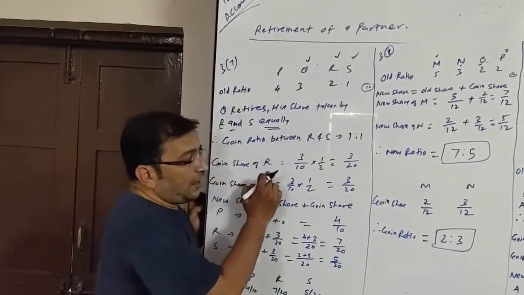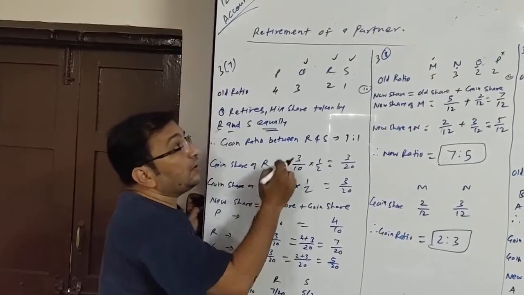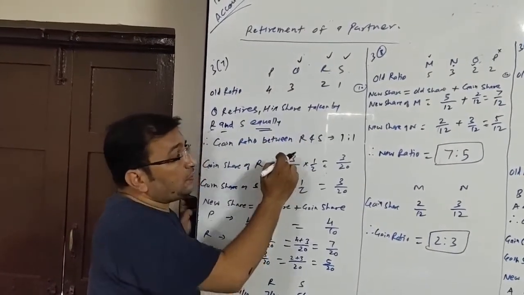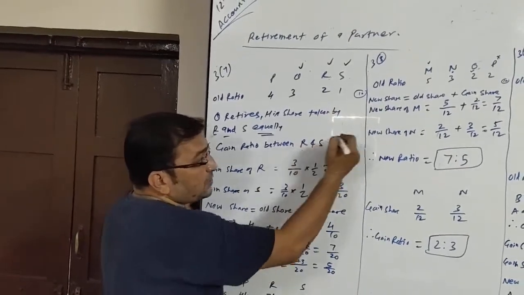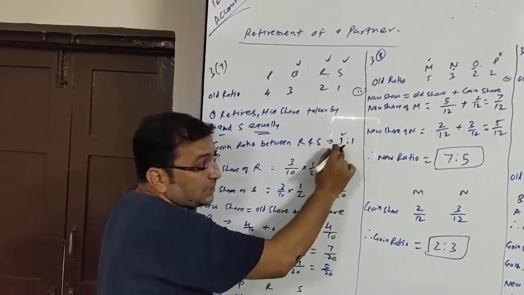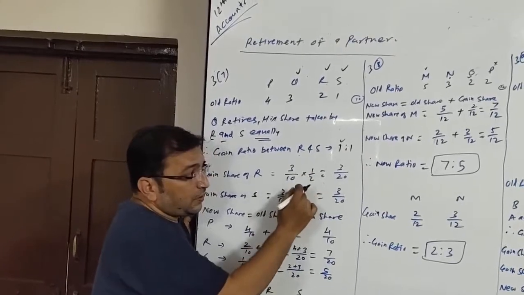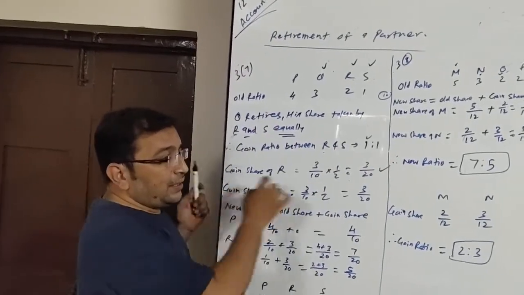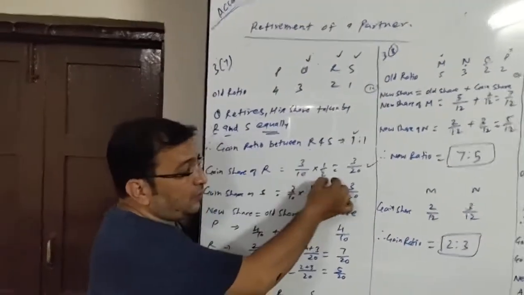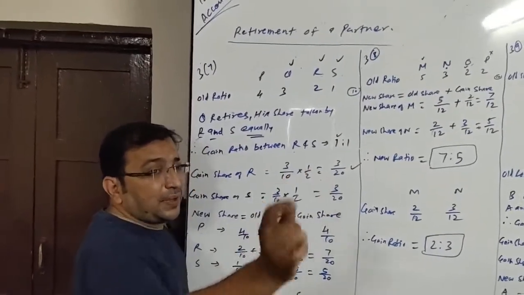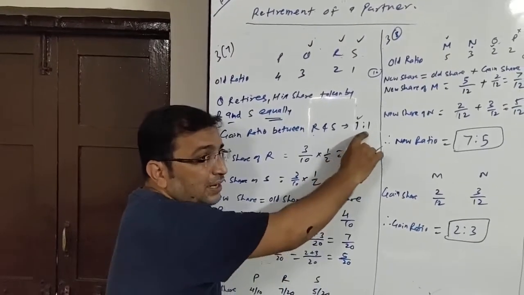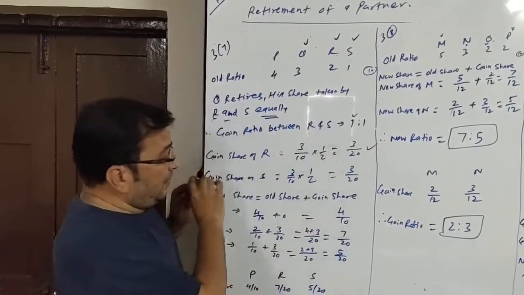Gain share of R equals, how much is the share of Q? 3/10. Out of 3/10, how much is R going to get? 1/2. 1:1 is the ratio. So 3/10 into 1/2, 3/20 will be the gain share of R. How to find that? The share of the retiring partner into R's gain share based on gain ratio, 1/2.